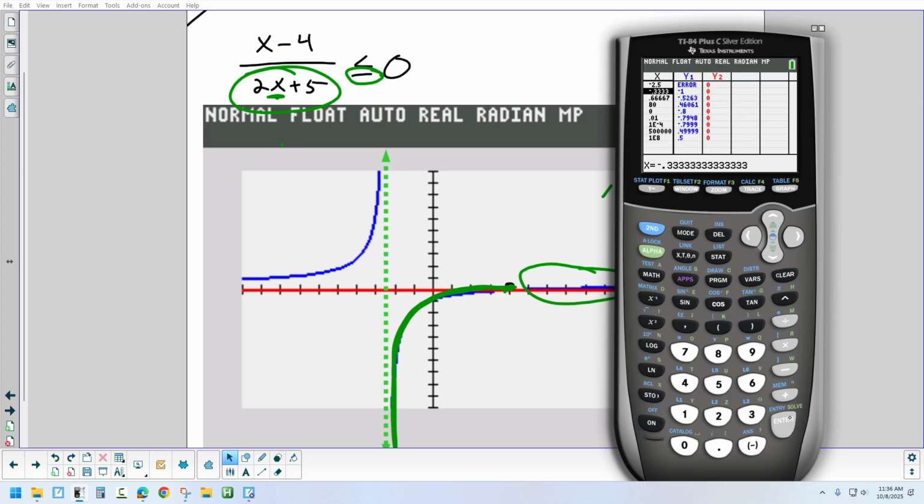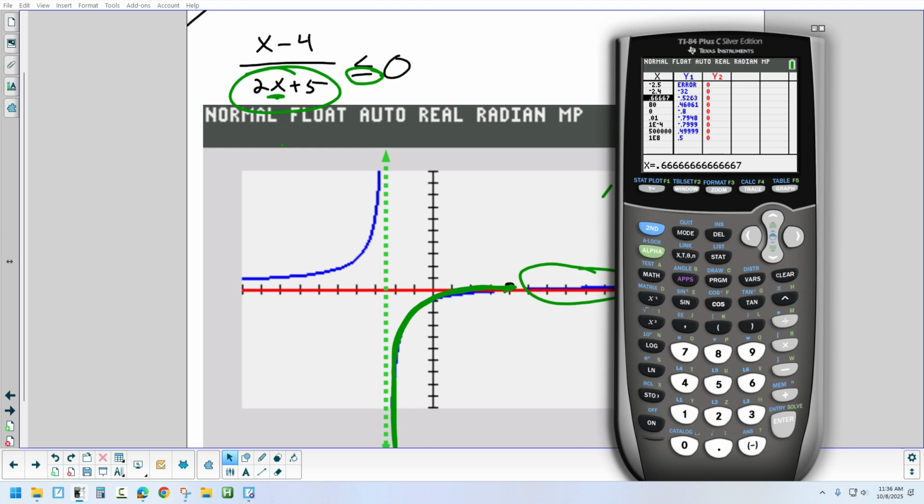Let's pick a number a little bit smaller. What's a number that's just before -2.5? -2.4. Are you below the red line at -2.4? Yeah, you're at -32. You're way, way down.